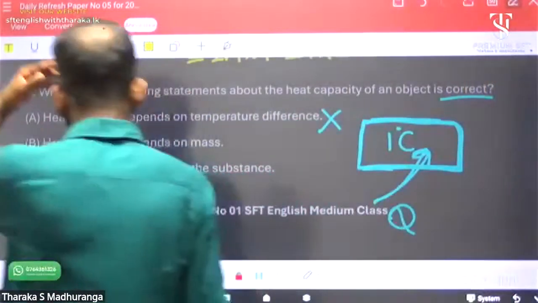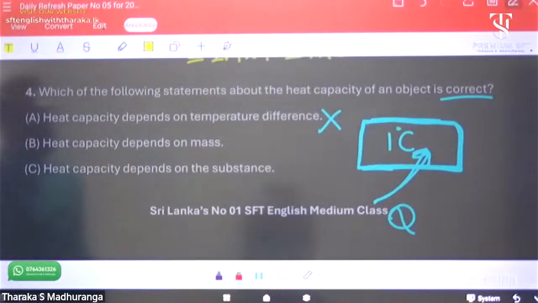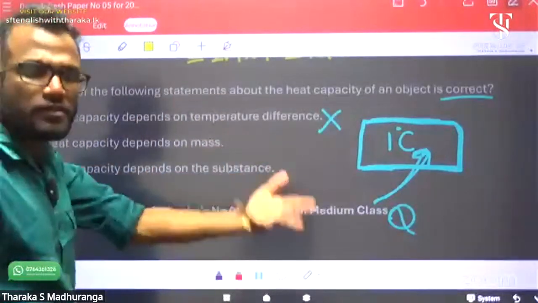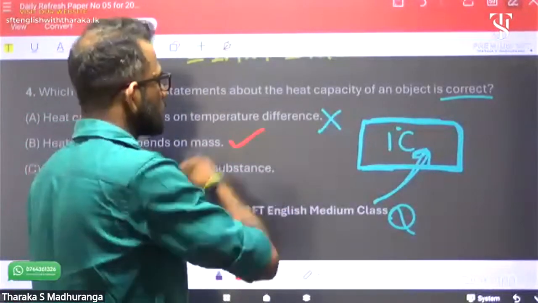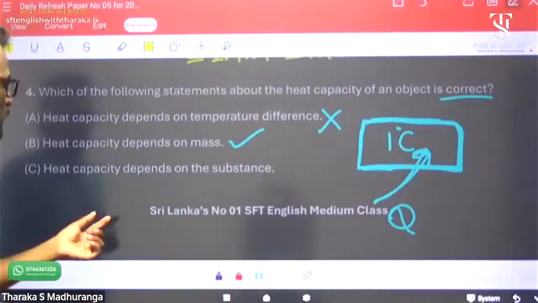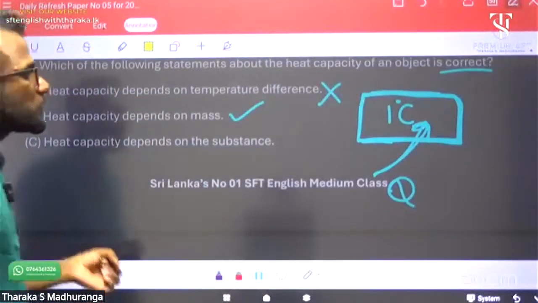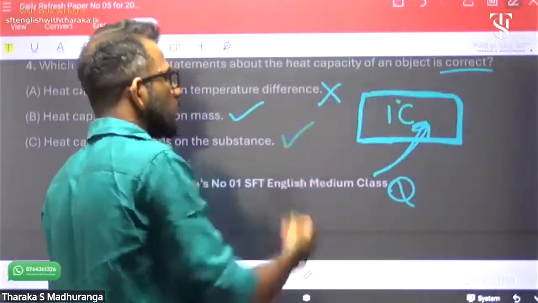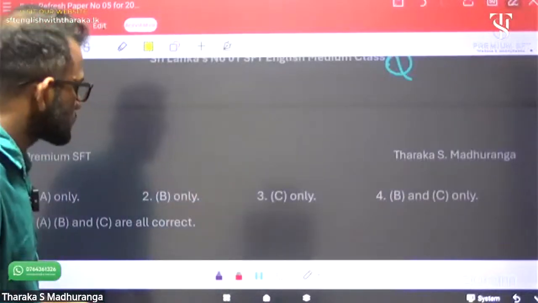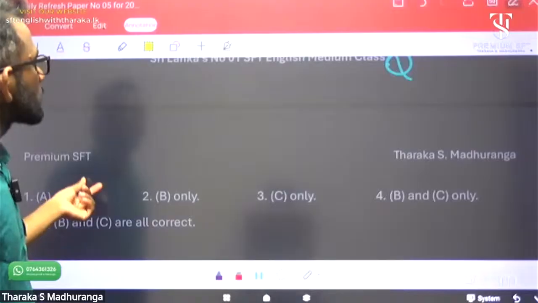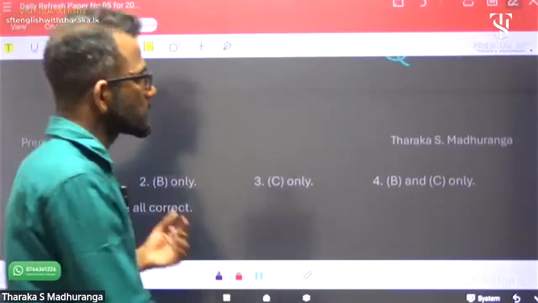Heat capacity depends on mass. Yes. When the mass changes, the heat capacity changes. The heat capacity also depends on the substance. Yes, B and C are correct.